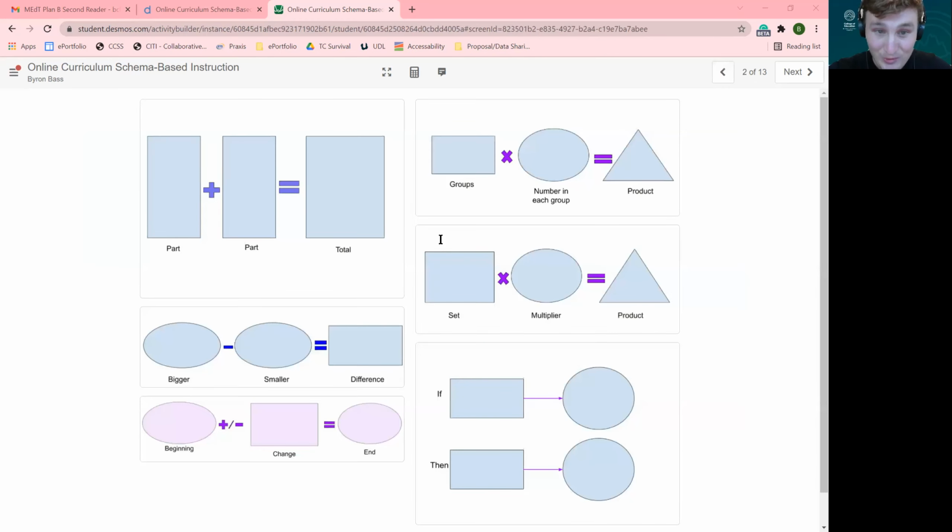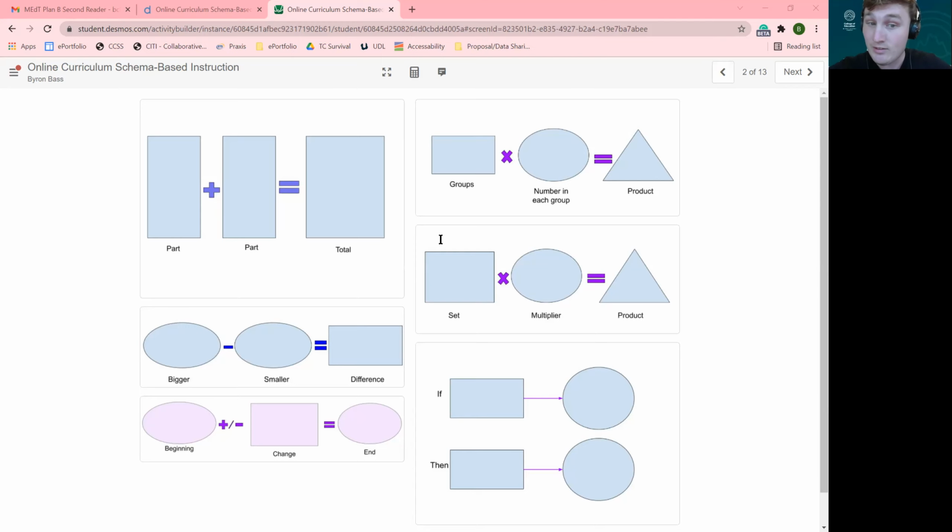So schema-based instruction is an intervention that's designed to target mathematical word problem solving. It teaches students how to identify the structure of arithmetic word problems, or in other words, word problems that use addition, subtraction, multiplication, and division. In schema-based instruction, students learn about different problem types, and we call these types schemas.